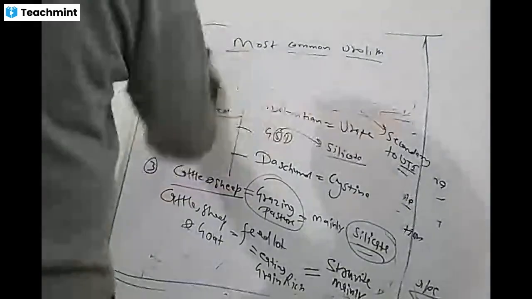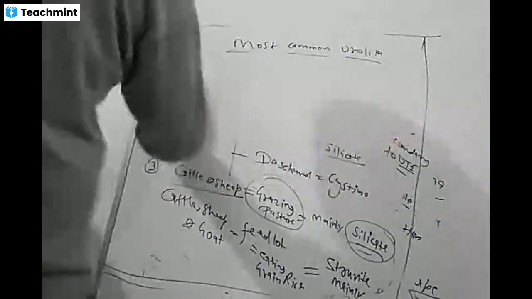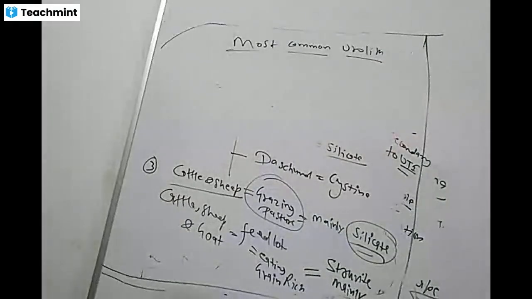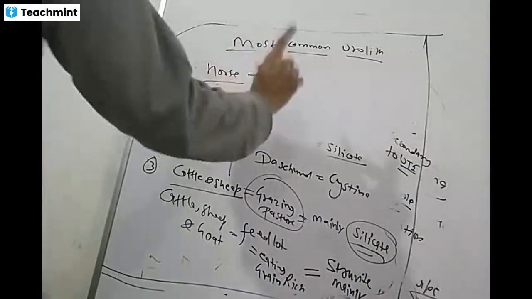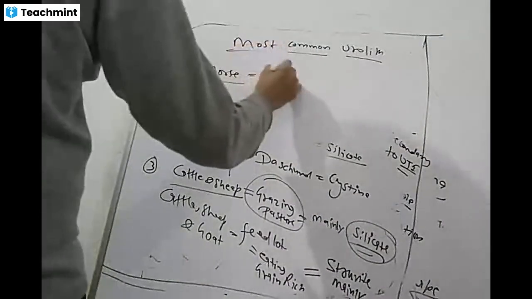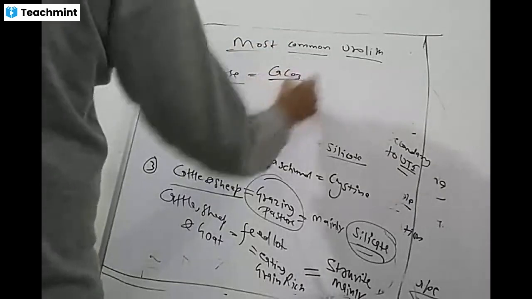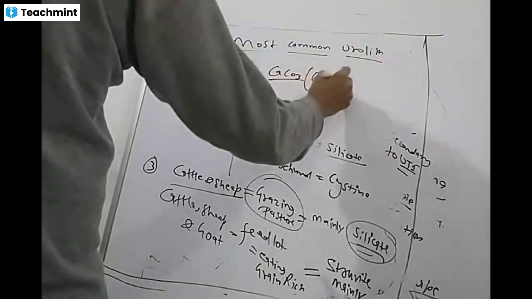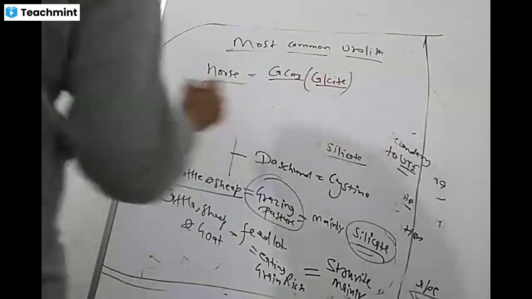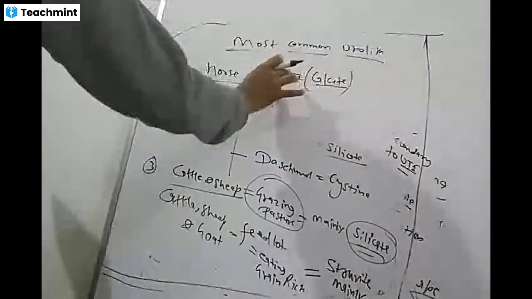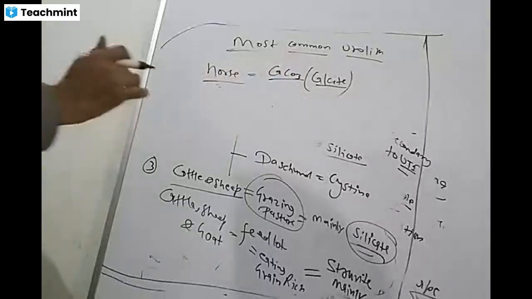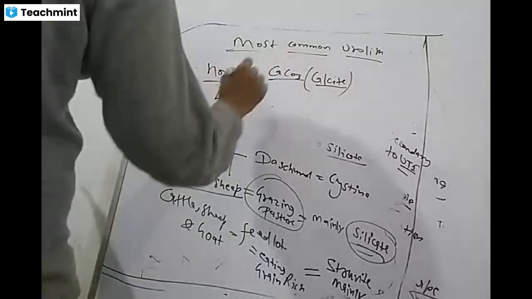The next is horses. In case of horse, most common is calcium carbonate, and the form is called calcite. These are the most common in case of horses.